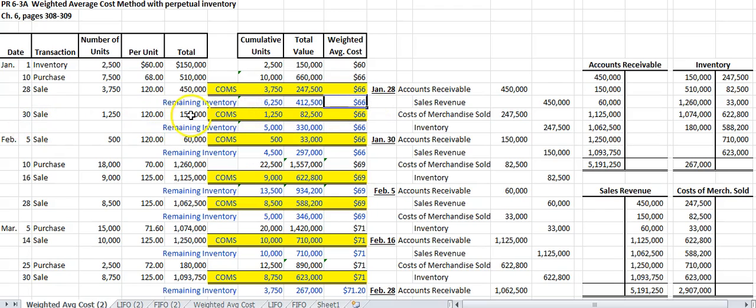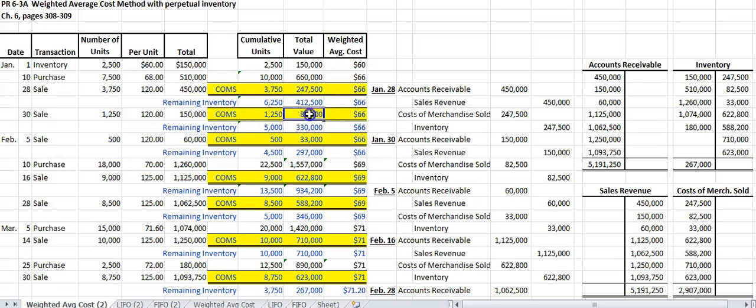So we know that the sale was 150,000 and we know that the cost of merchandise sold was 66 times 1,250, which comes out to 82,500.